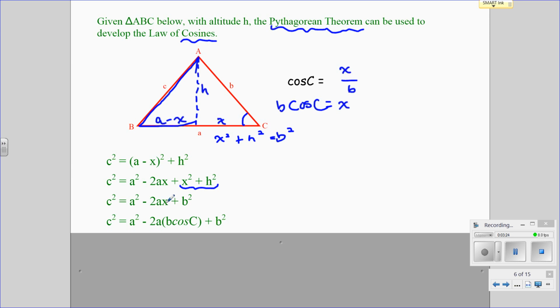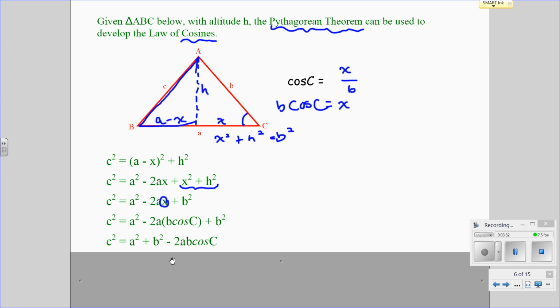So if I replace x with little b cosine c, I wind up with a squared plus b squared, which is these two sides of the triangle. So here's little a and little b, minus 2 times each of them again, a and b, and then multiplied by cosine of c, which is the included angle.